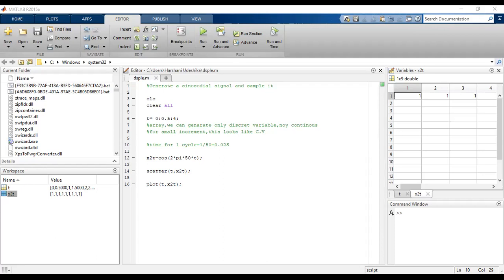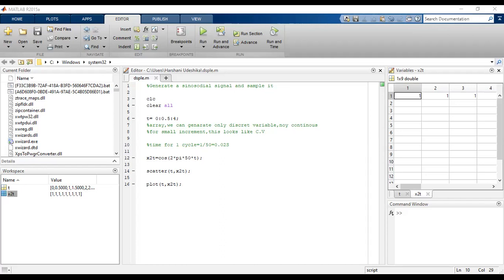This is a cos signal, no? So the signal should be like this. Now this is one cycle, this is two cycles. One cycle is 0.025, this is 0.5, this is 0.75, and this will be 1 like this.